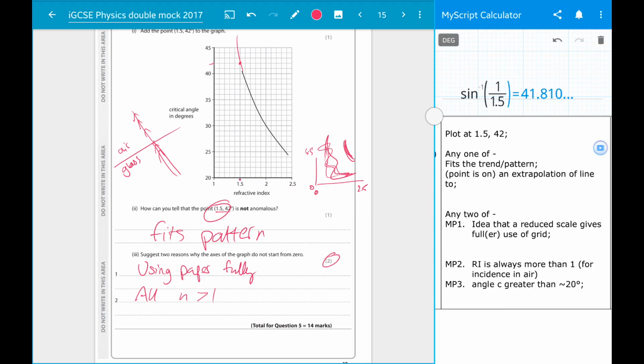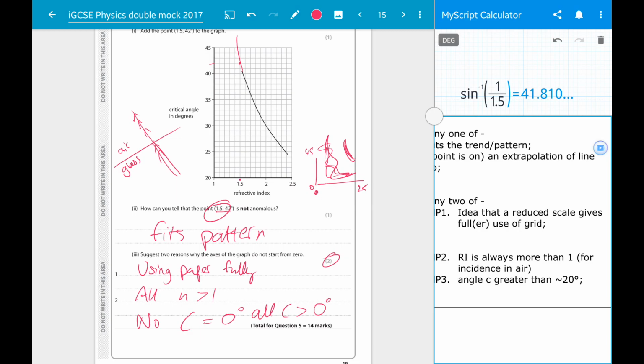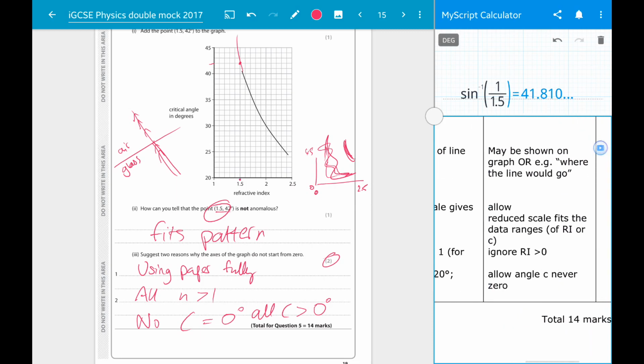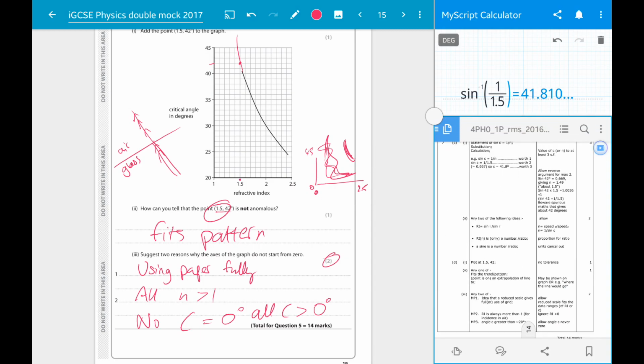So there's no critical angle equal to 0, or all critical angles are greater than 0 degrees. They have to be. It says in the mark scheme that the critical angle has to be greater than around about 20 degrees. You don't need to memorize that. In the mark scheme it says there is no critical angle that's 0. So you're okay just to say no critical angle 0.